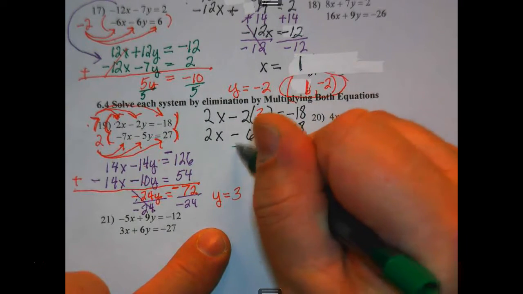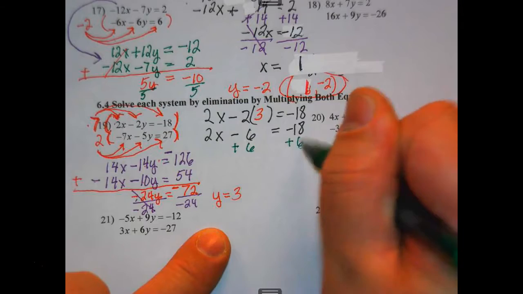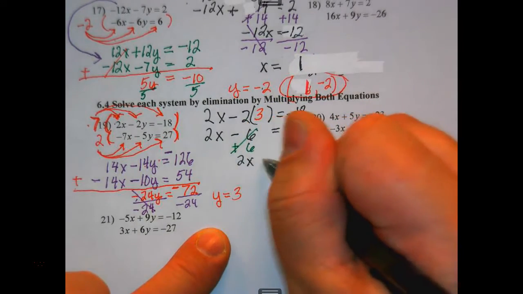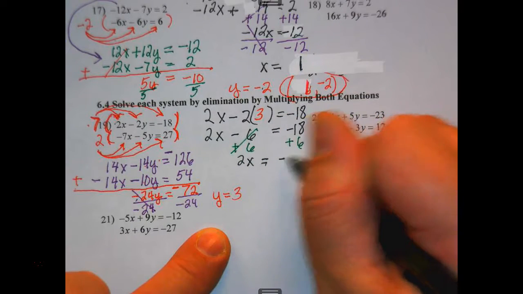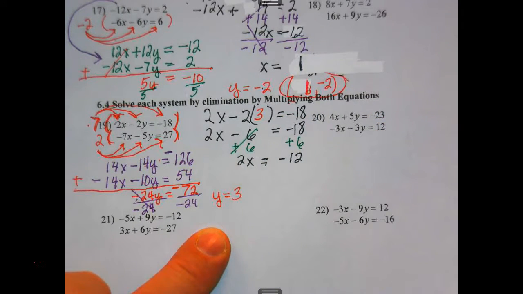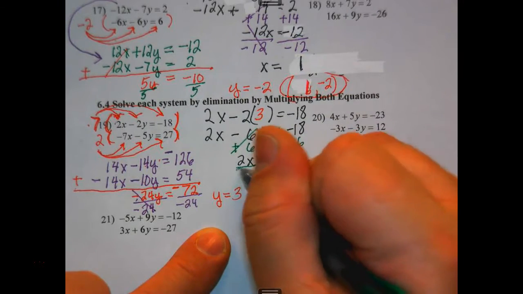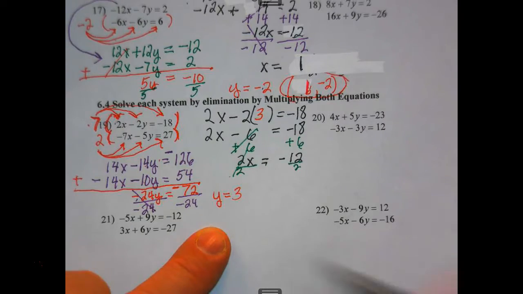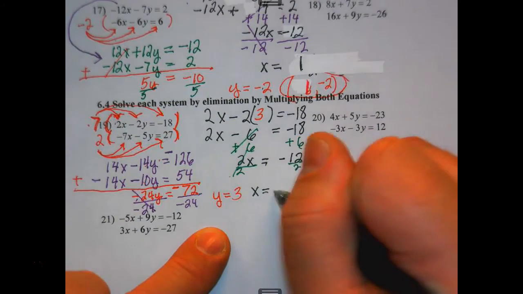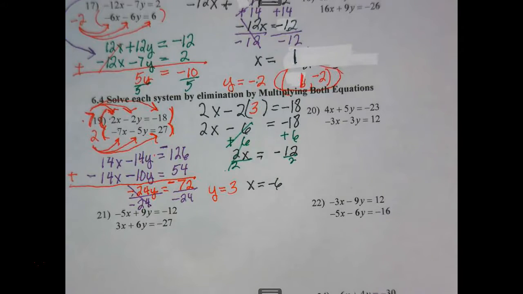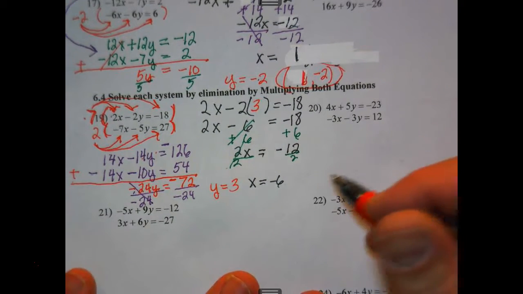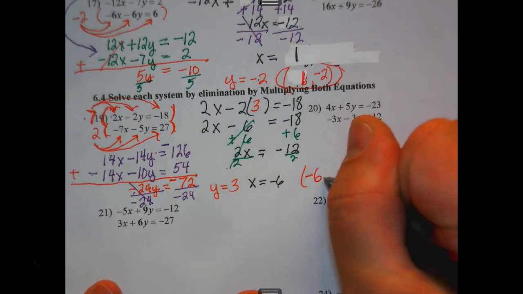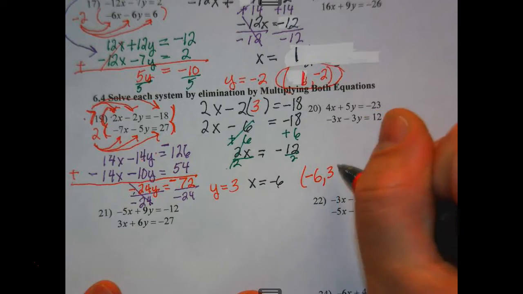Add 6 to both sides. 2x equals negative 12. Divide by 2. So x is going to equal negative 6. So my point here is x is negative 6, y is 3.